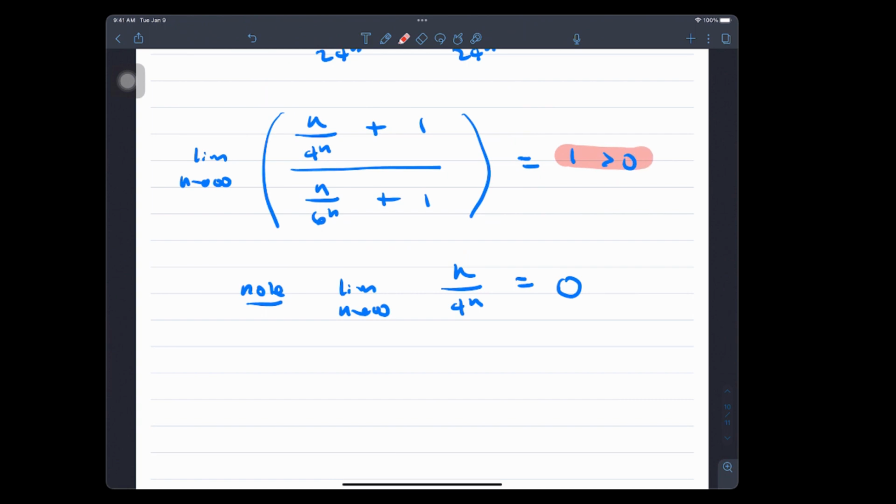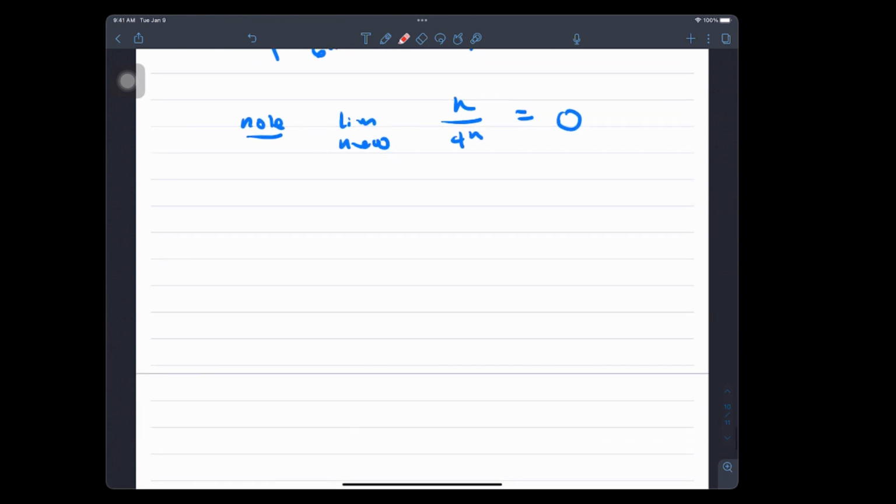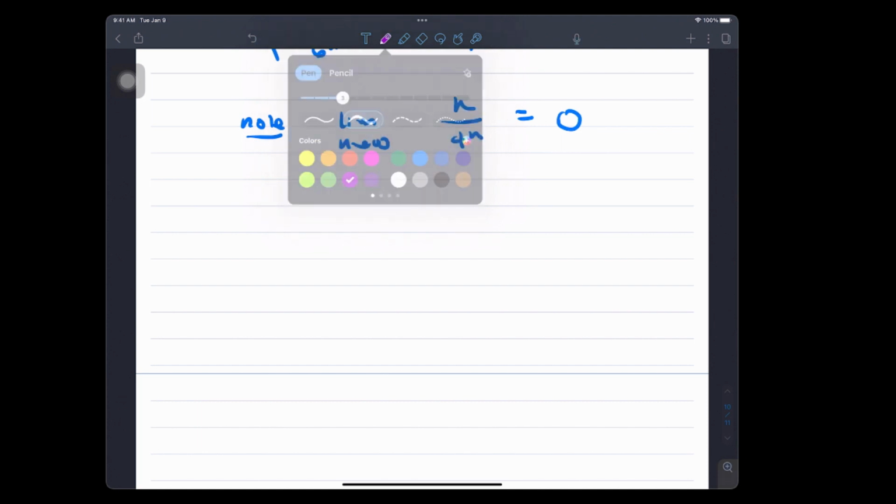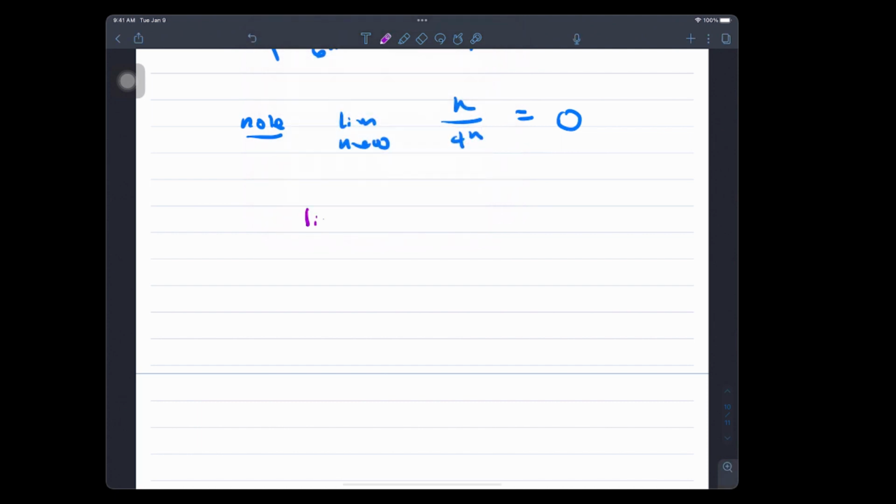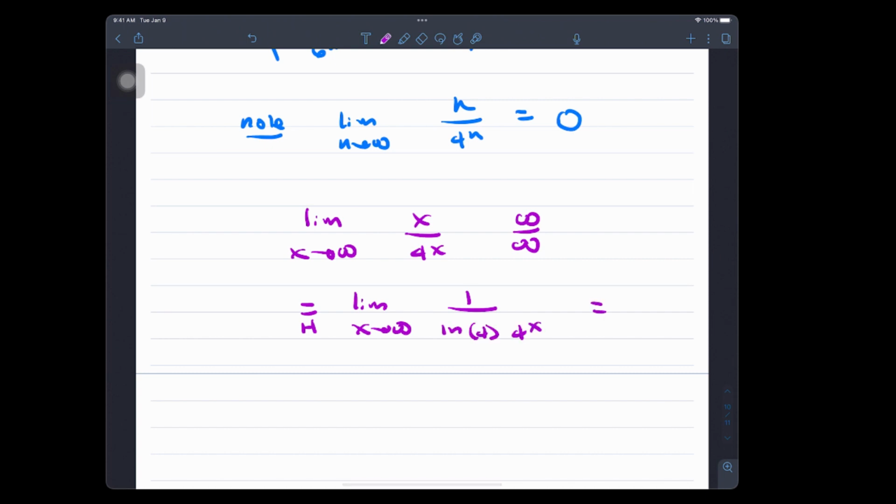Now, you might say to me, well, how do I really know? Well, go back and use what? Calculus 2, and then infinity over infinity. So by L'Hopital's rule, I have the limit 1 over natural log of 4 to the x, and that equals 0.